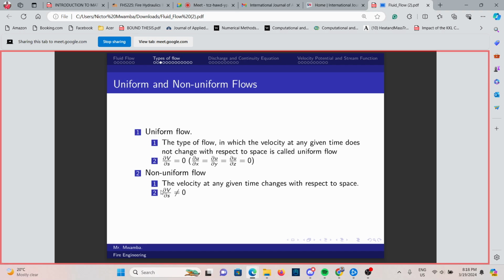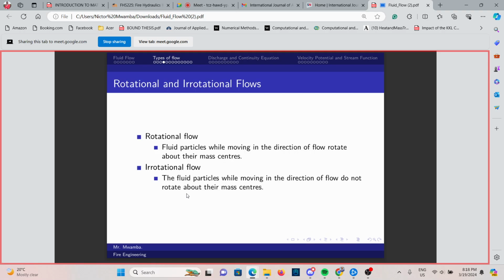So when I ask you to differentiate a uniform flow from a non-uniform flow, you're supposed to think about space: in a uniform flow, the velocity doesn't change with respect to space, and in a non-uniform flow, it changes with the space it is occupying.